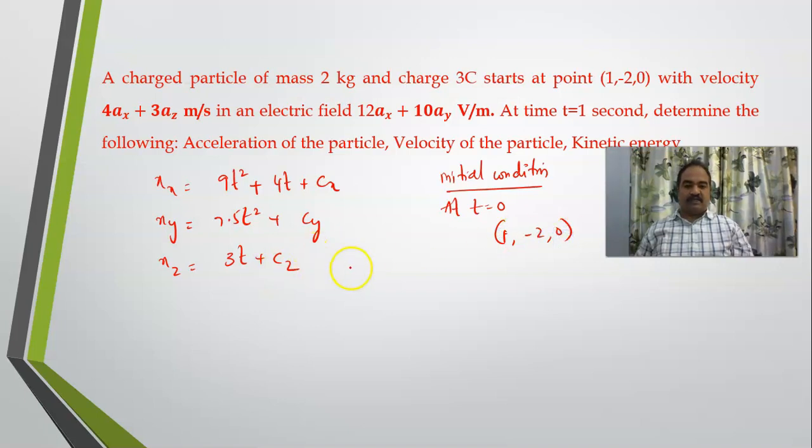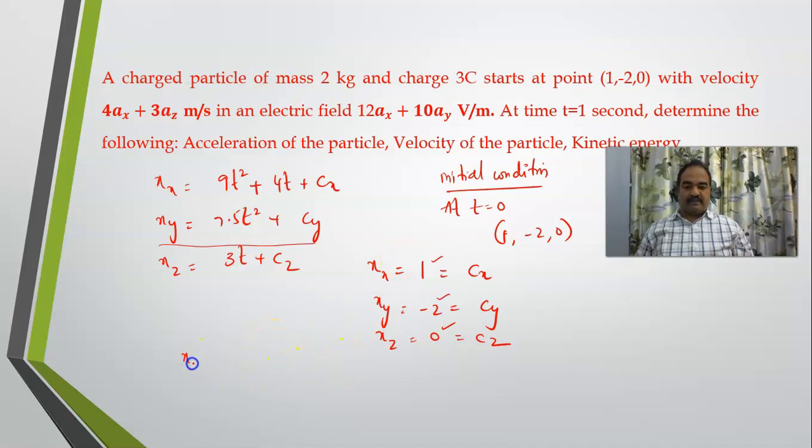So if I substitute it here, at time t is equal to 0, what is x, guys? It was 1, right? Which means it is cx. y was minus 2, which means it was cy. I am substituting here t is equal to 0 and y value is minus 2. And here z is equal to 0, that is cz. So these are the values of cx, cy and cz. So what I'll get now?